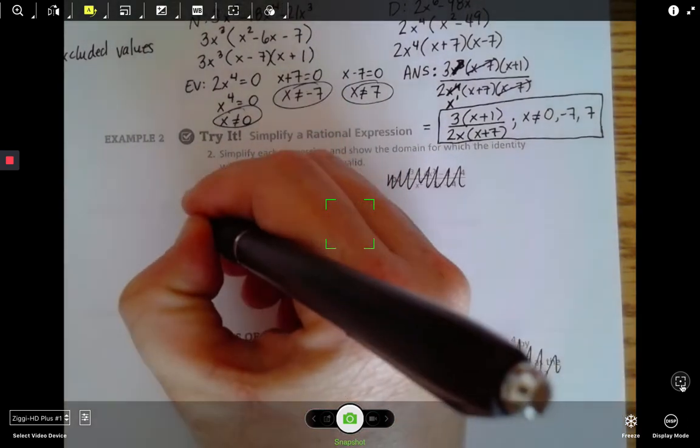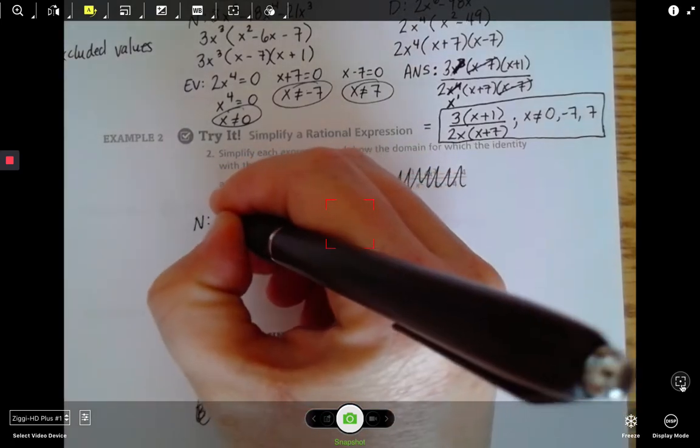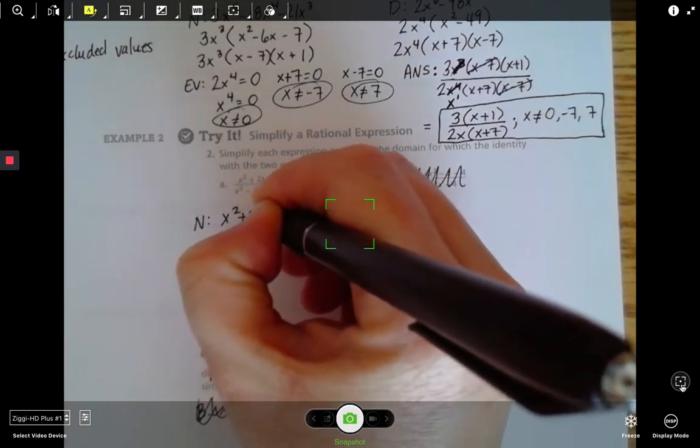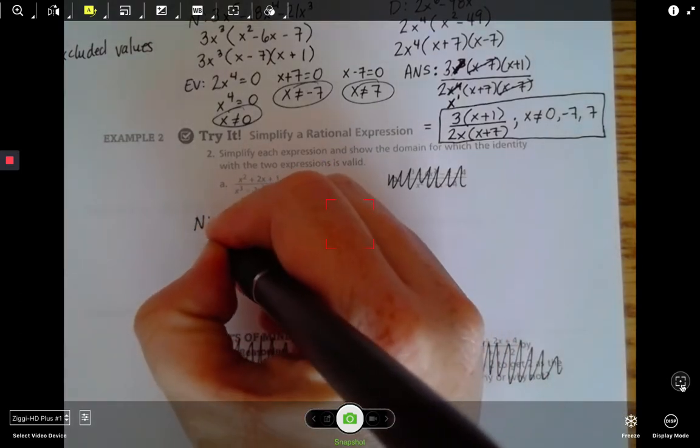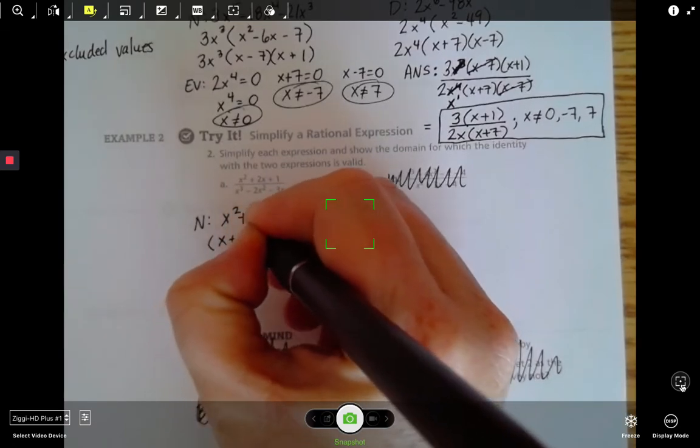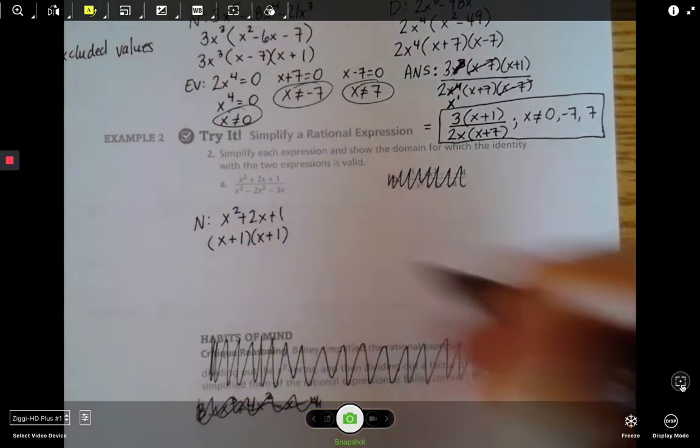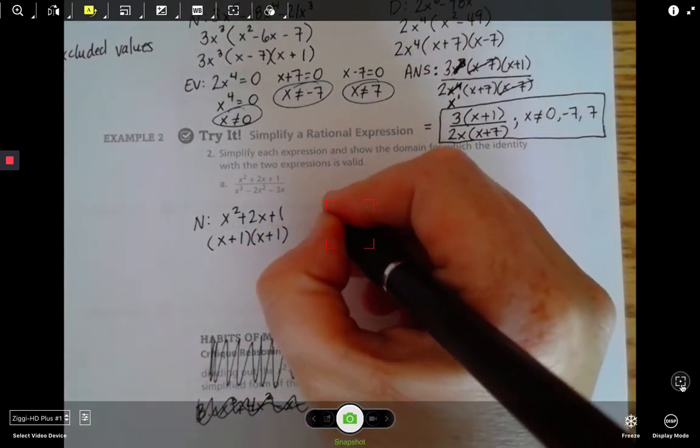Alright, so again, I'm going to factor my numerator. Start by that. x squared plus 2x plus 1. There's only 2 numbers that will multiply to give me 1, and that's 1 and 1. Factor my denominator.